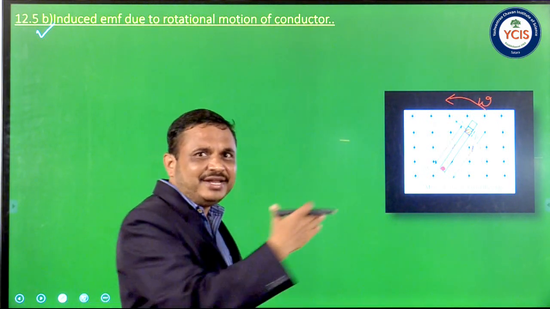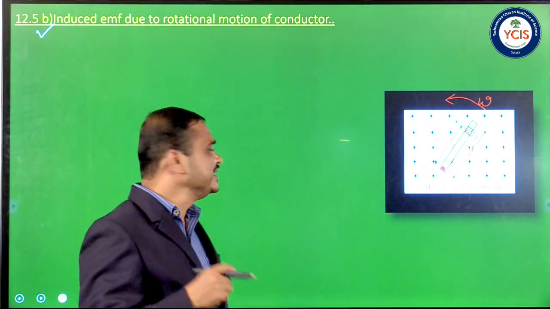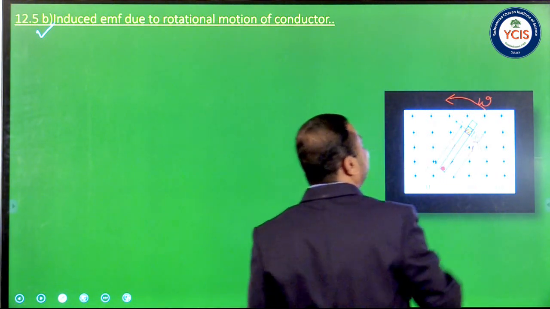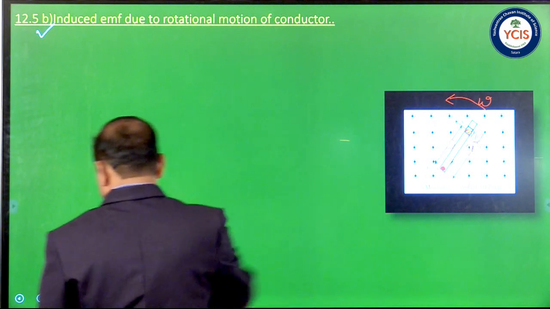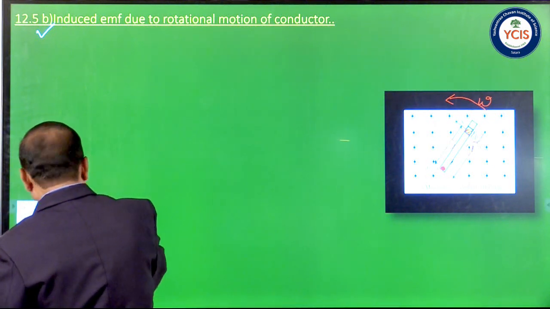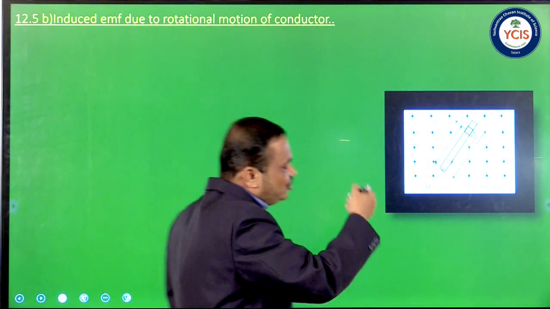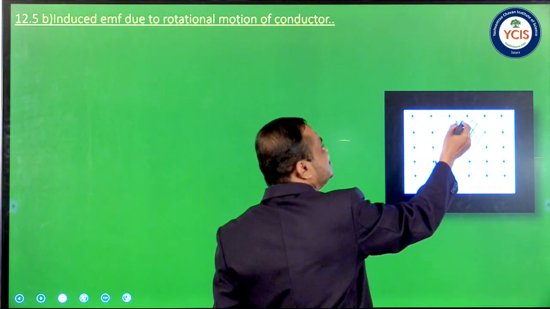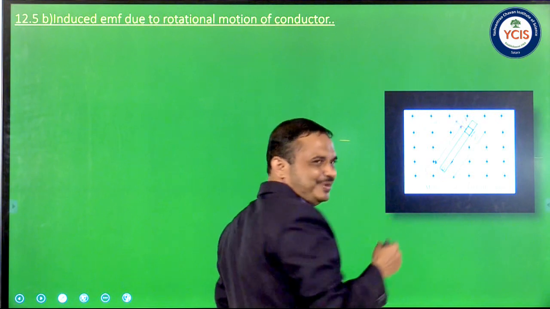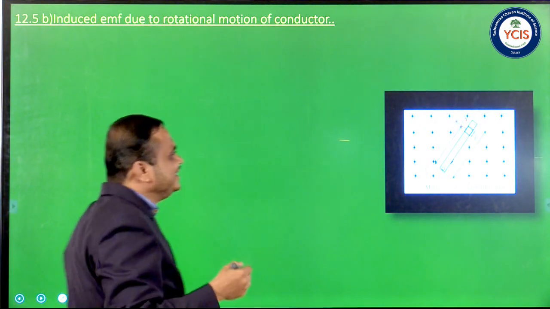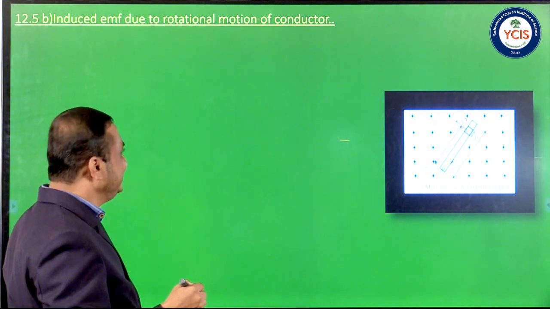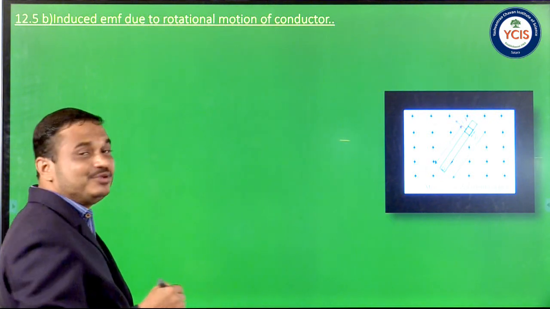This conductor is divided into infinitely small elements, and we consider one element of length dr situated at a distance r, continuously rotating in that magnetic field. Though the conductor is rotating, that element is in linear motion with a velocity v.